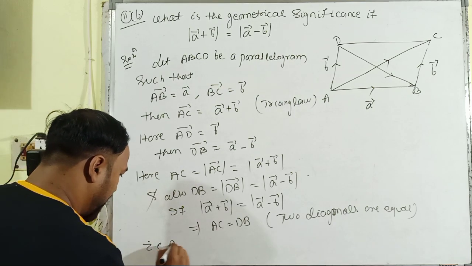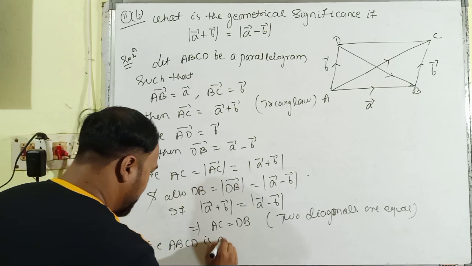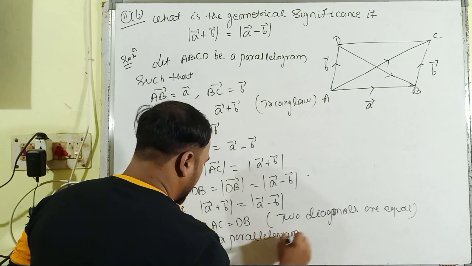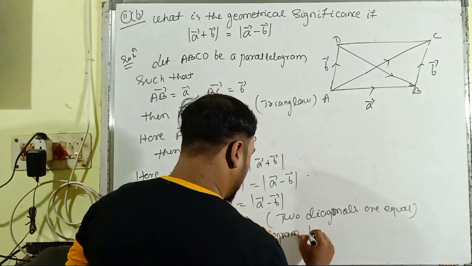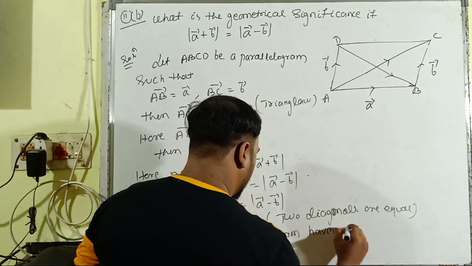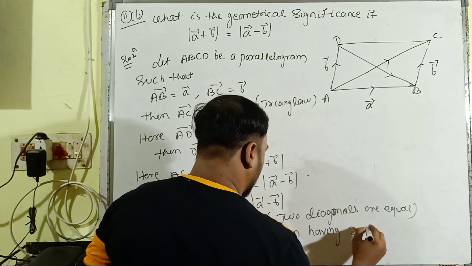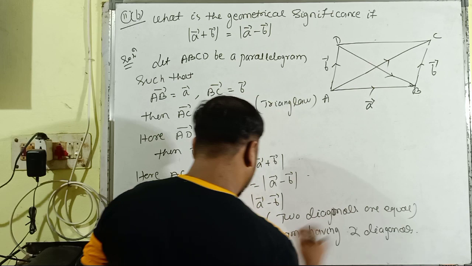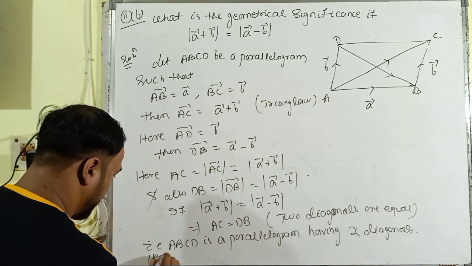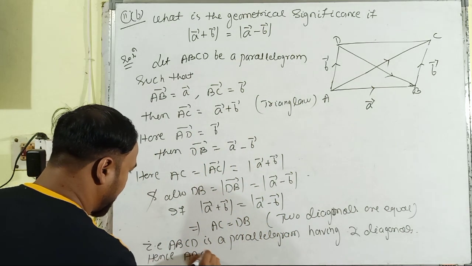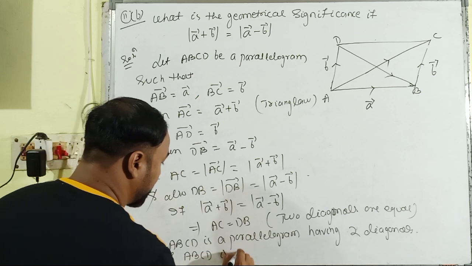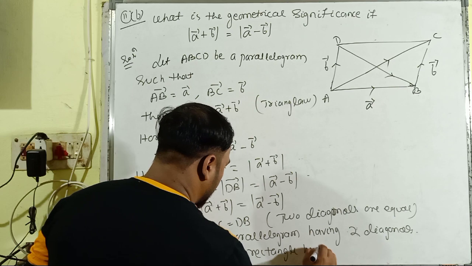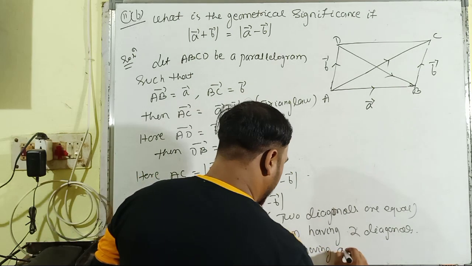That is, ABCD is a parallelogram having two equal diagonals, hence ABCD is a rectangle. Hence ABCD is a rectangle having the adjacent sides a vector and b vector.